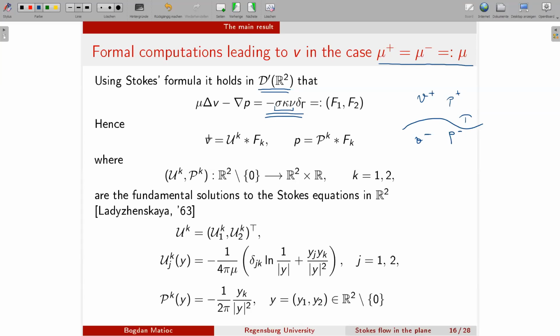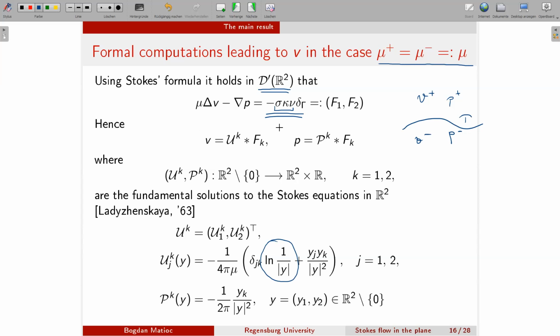And this is good news because the Stokes equation in R2 has fundamental solutions, two fundamental solutions, which can be found in the book of Ladyzhenskaya from 1963. We have U is a velocity, P is a pressure, and the pressure is defined by this formula, which is nice. The velocity, we have a nice term, and we have this logarithm term, which makes problems, and that's why these computations are only formal.